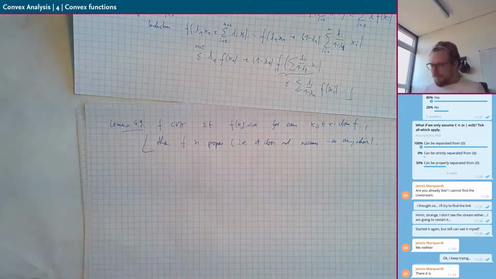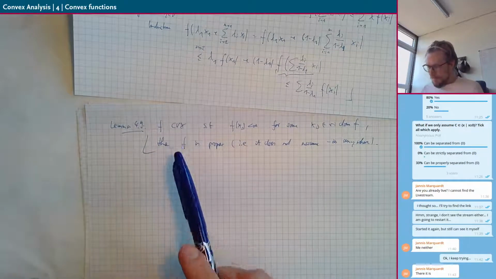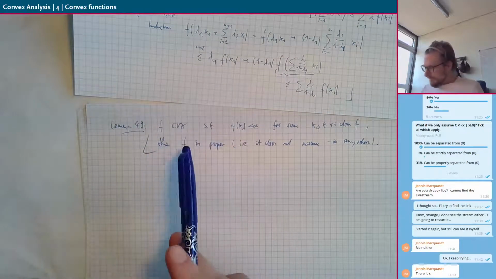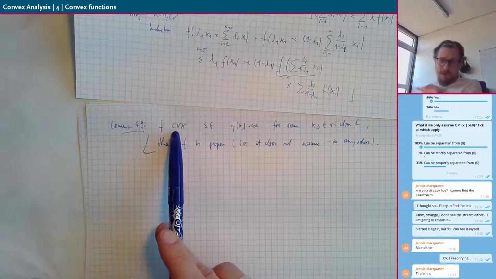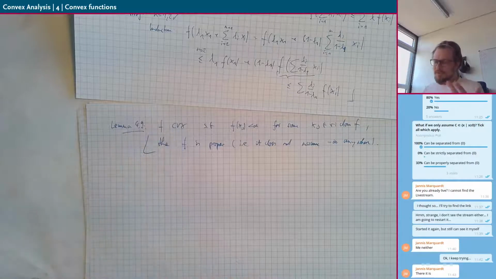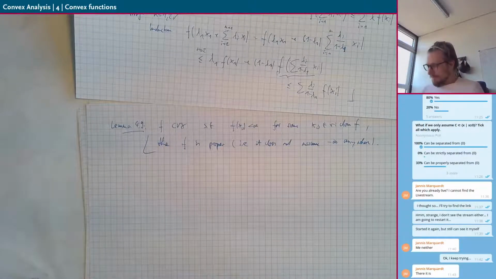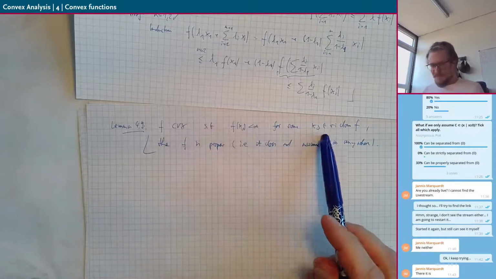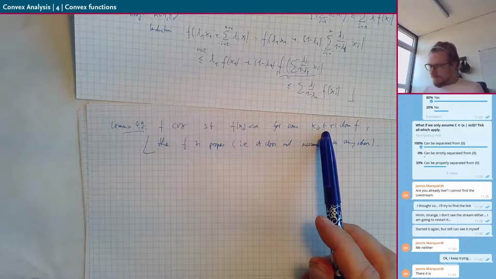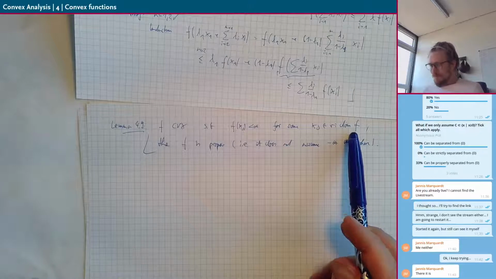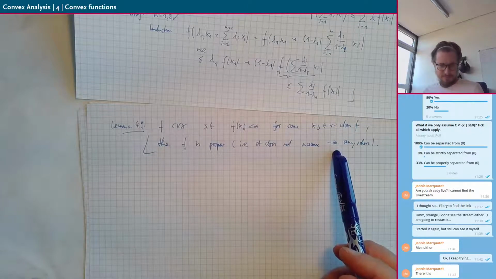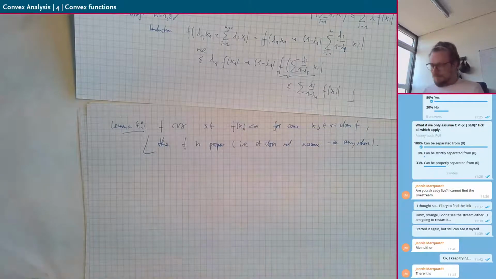So this is nice. If we talk about convex functions, they may be always minus infinity, but as soon as they are finite at some point in the relative interior of the domain, they may not be minus infinity anywhere.